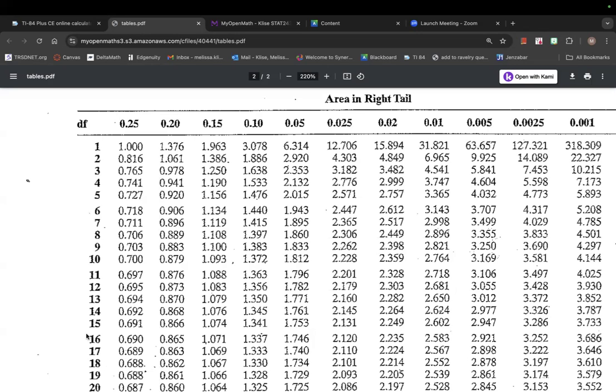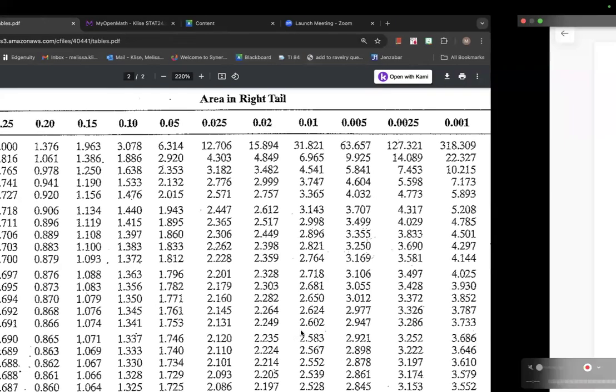Here's my 15 degrees of freedom. We're going to go 0.05 to right here, 1.753. So that T value with the right tail area of 0.05 is 1.753.